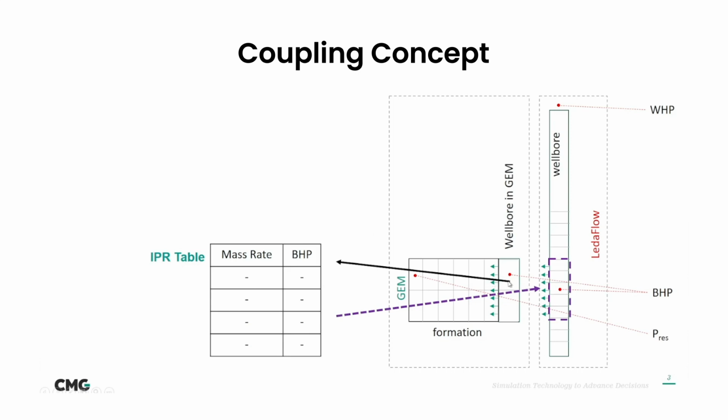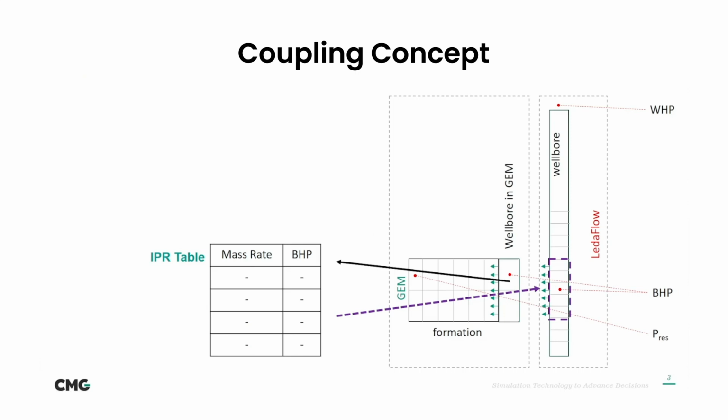GEM normally produces the IPR table at the reference layer, which is the top most perforated grid block, and when that IPR table in terms of rates and BHP is generated, that information will be passed to the inflow zone device in LedaFlow for further calculations inside the wellbore.